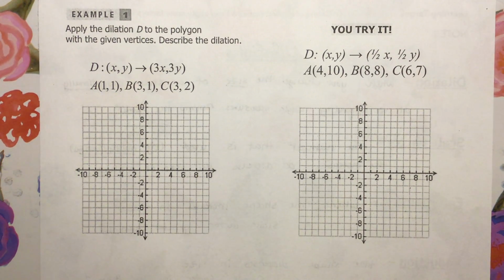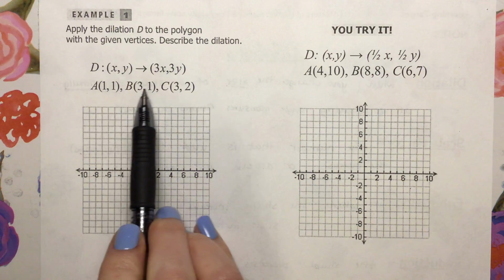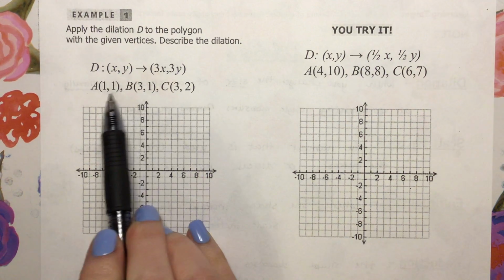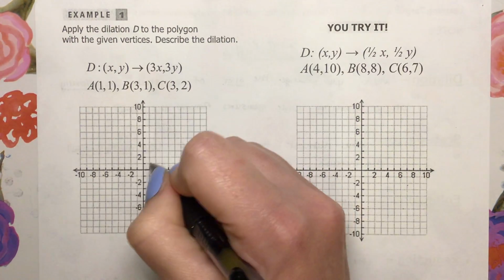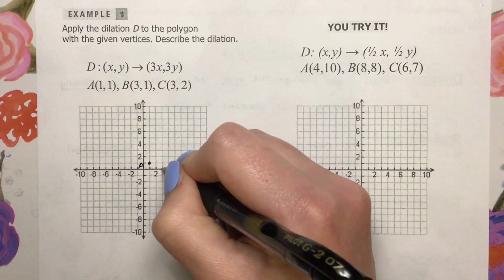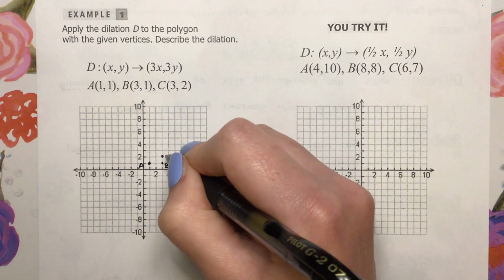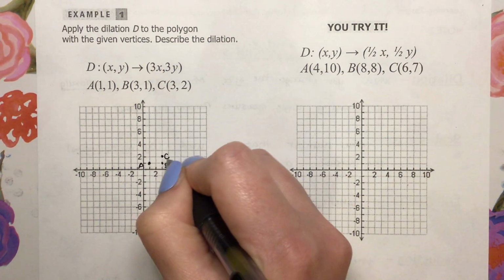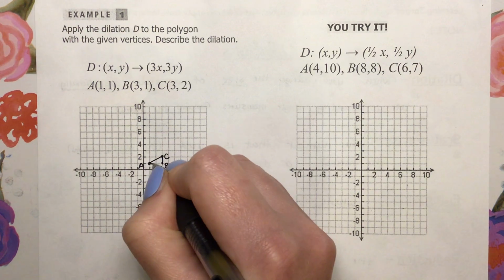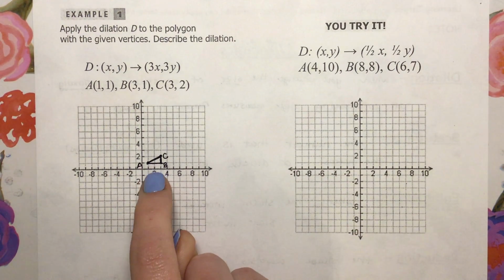So first what I want to do is just draw or indicate where triangle ABC is. So A is at 1, 1, and I'll label that. B is at 3, 1, and C is at 3, 2. Okay, now I'm going to connect those. This is my pre-image, sorry.